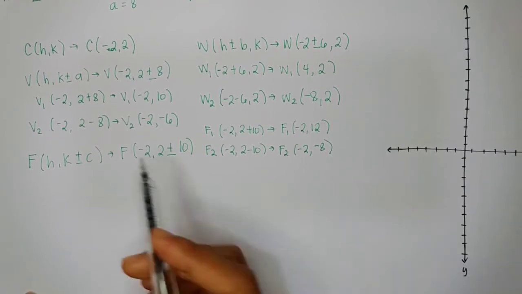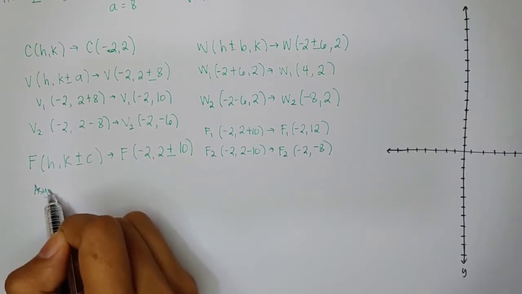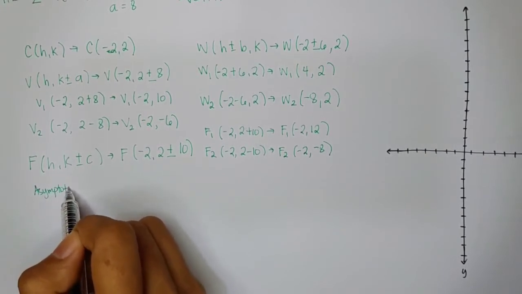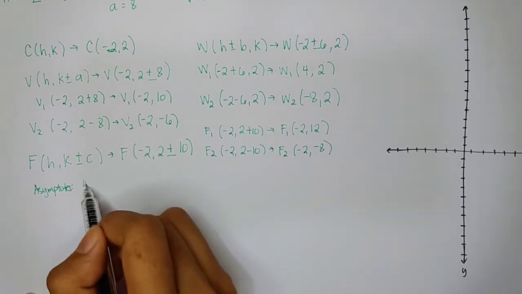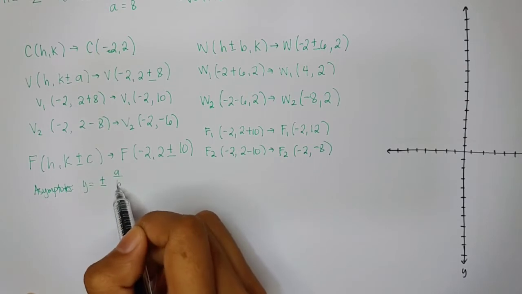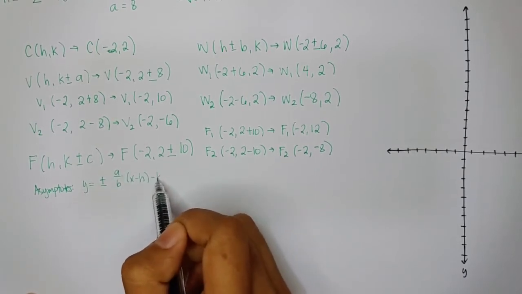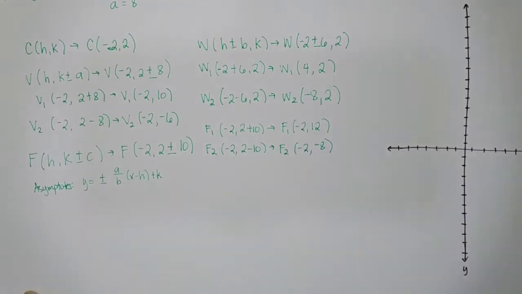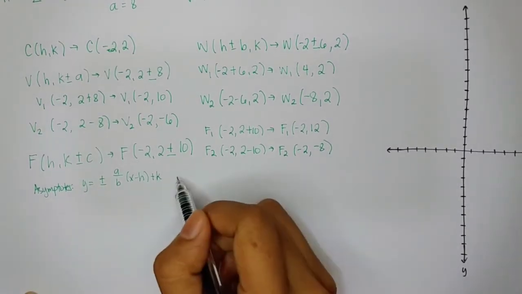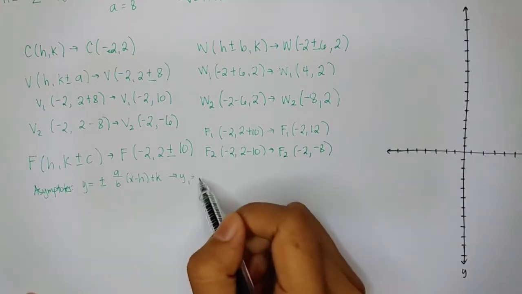So, let's solve our asymptotes. So, we have here our asymptotes. Ano yung equation ng line ng asymptotes natin? That is y is equal to plus minus a over b times x minus h, plus k. So, ano yung y1 natin? So, y1 natin is positive.